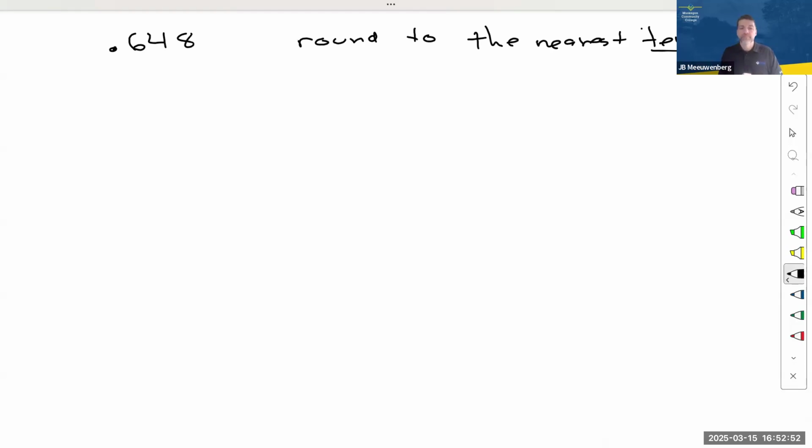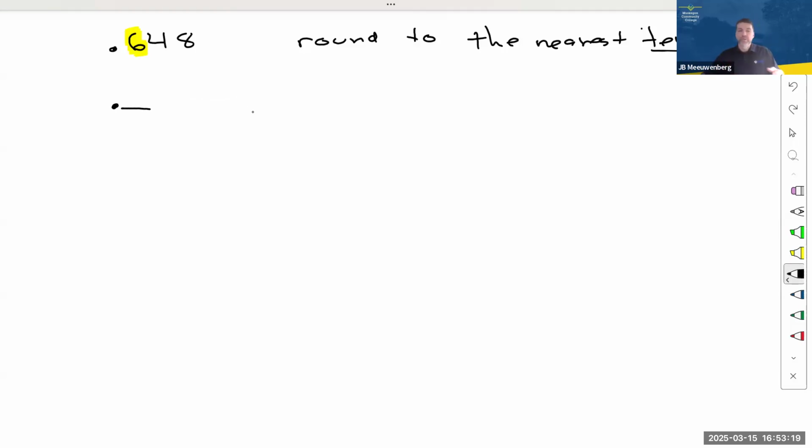And first of all, we're going to identify the number that's in the tenths place. And it's this 6. So what that means is when we write our final answer, it will only be stated to the tenths place. There will be no other numbers after the tenths place. It'll only have a number in the tenths place, and then it will cease to have any numbers.